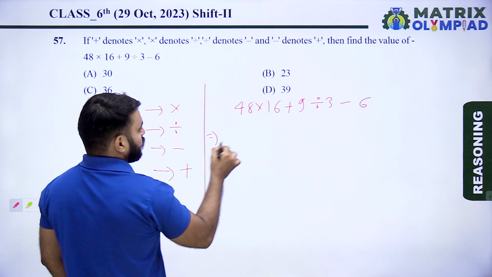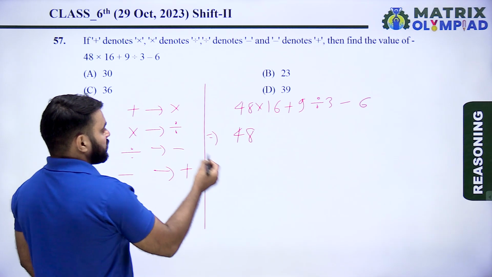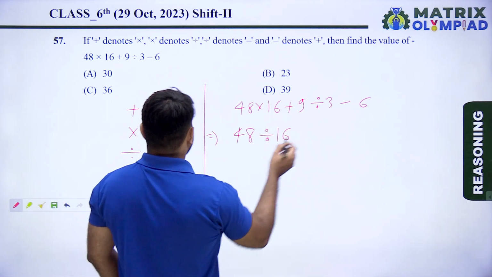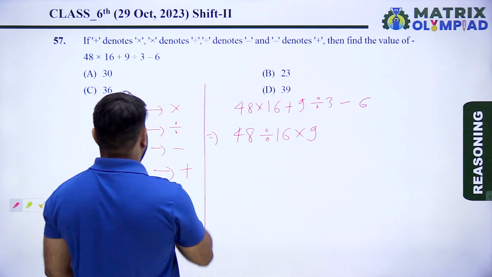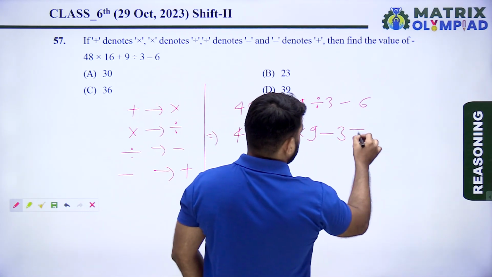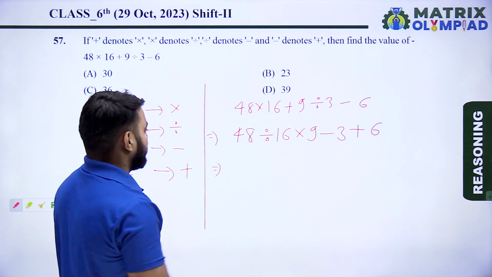So according to the question, 48 multiply denotes divide. So 48 divide 16, plus denotes multiply 9. Now divide denotes minus 3. Now minus denotes plus 6.